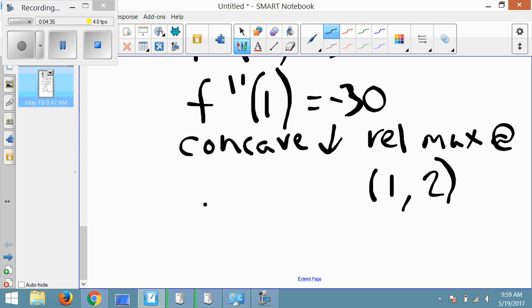And for f double prime of negative 1, the value is positive.